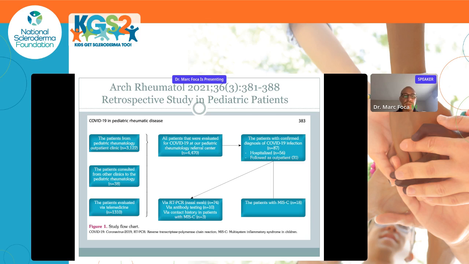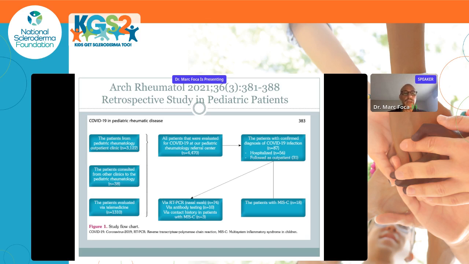For our purposes, we're going to be looking at the 74 patients who had evidence of respiratory disease, not the patients with what's known as multisystem inflammatory syndrome of children, which could be an entire lecture unto itself.